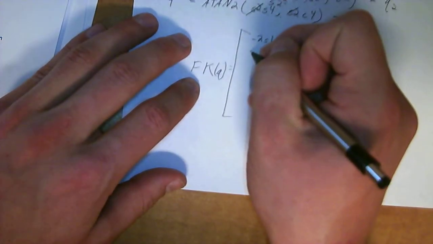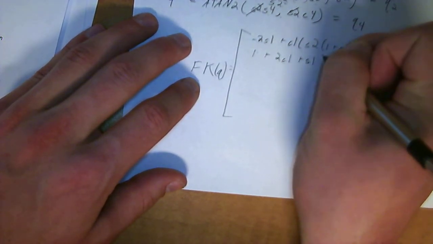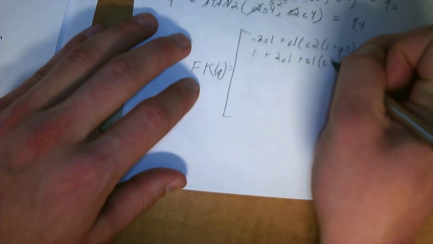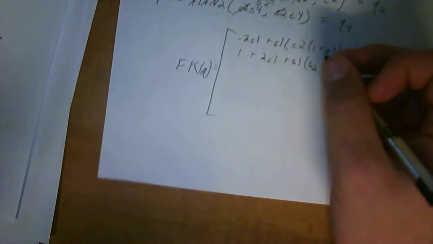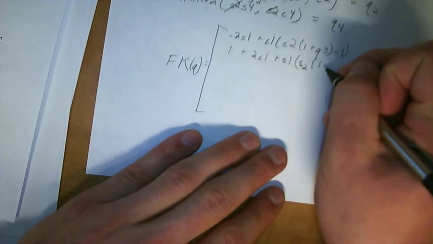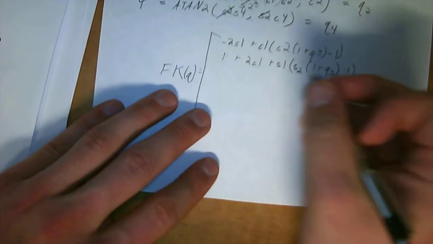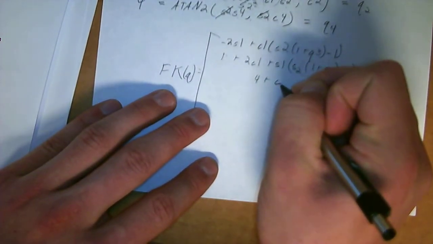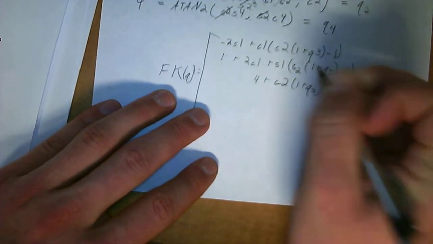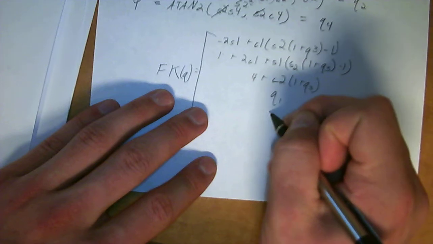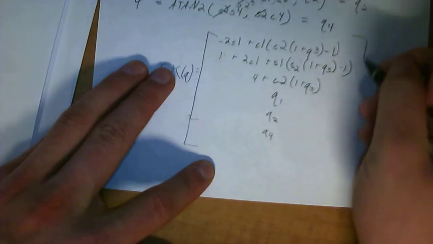And then 1 plus 2 cosine 1 plus sine 1 of sine of 2, 1 plus q of 3 minus 1. Then 4 plus cosine of 2, 1 plus q3, all over q1, q2, q4.